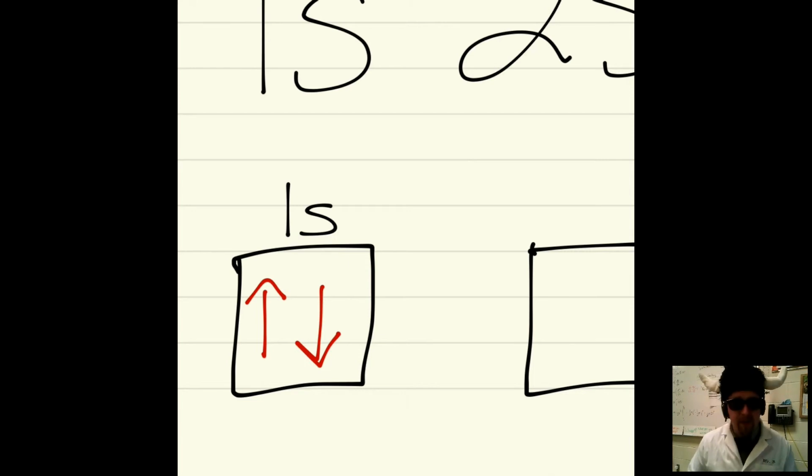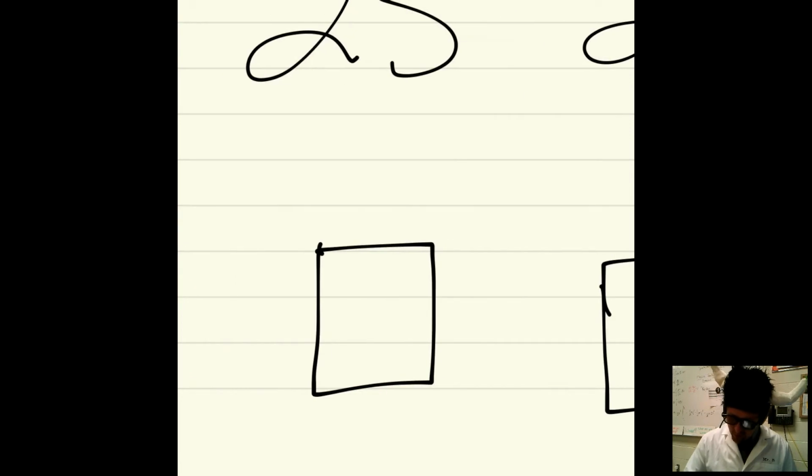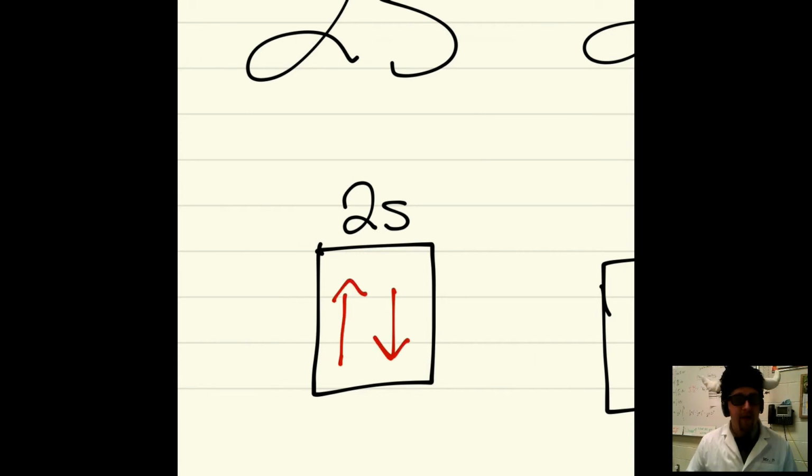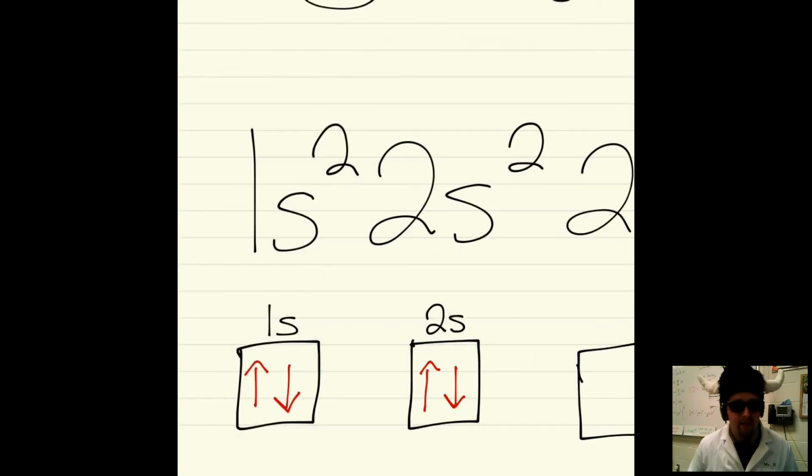In this particular case, because there's only 1 orbital in an s sublevel, I only have to fill up 1 box, and then that particular sublevel is done. So now I move on to 2s, and again, the s's are all by themselves, so I go 1, 2, and now I have 2s2. So now I've accounted for 4 of my electrons.